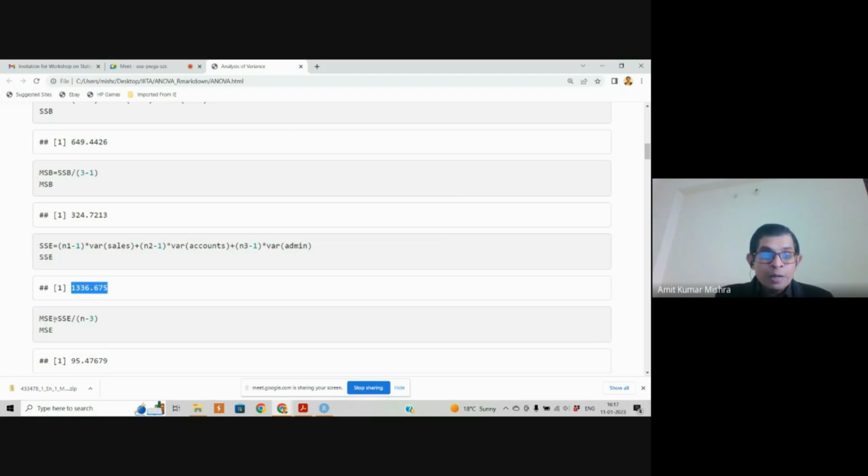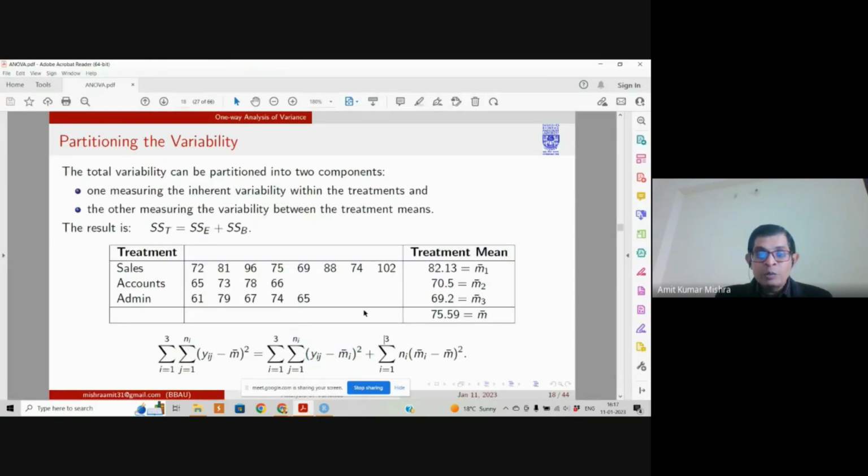And if you divide it by n minus 3, that means 17 minus 3, you will get MSE, which is actually 95.47679. You can see this output. You can match this output here.